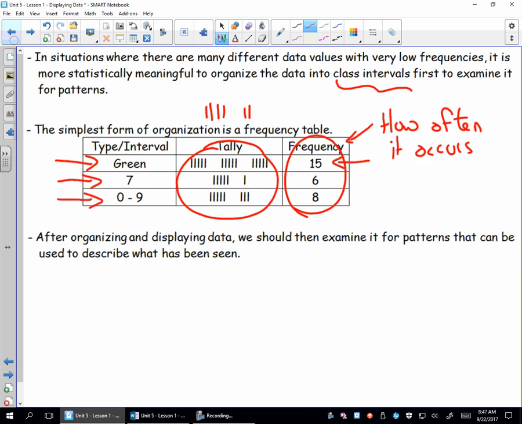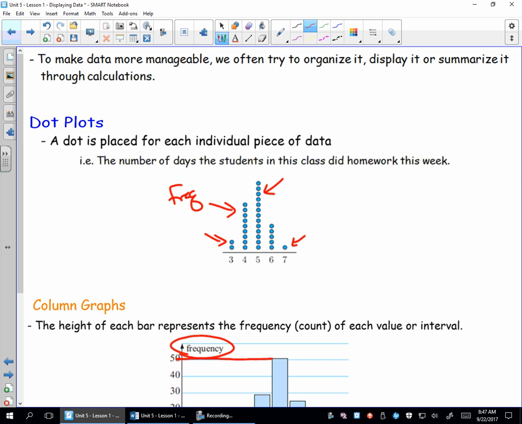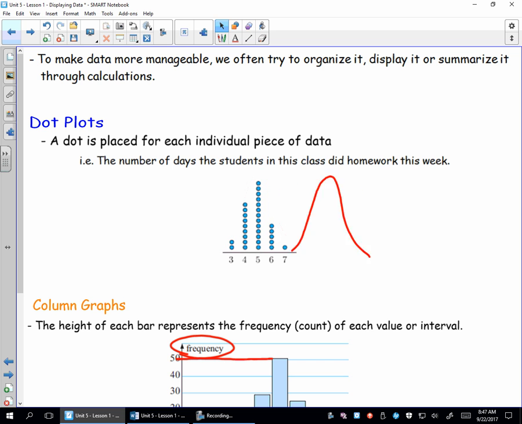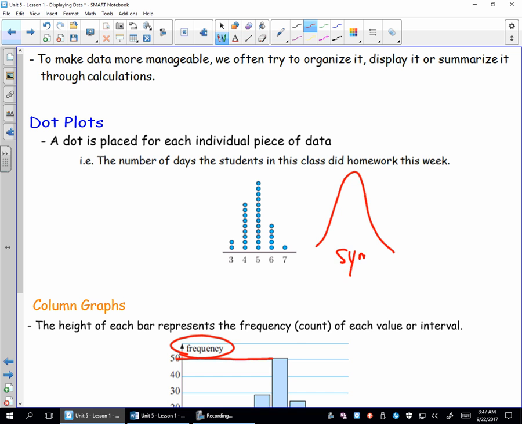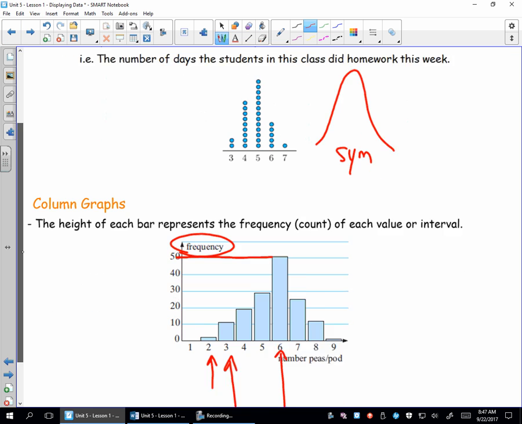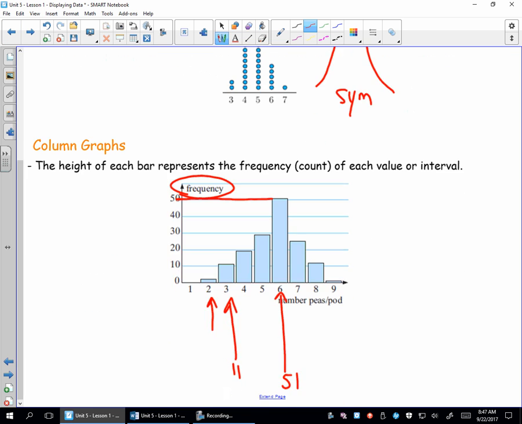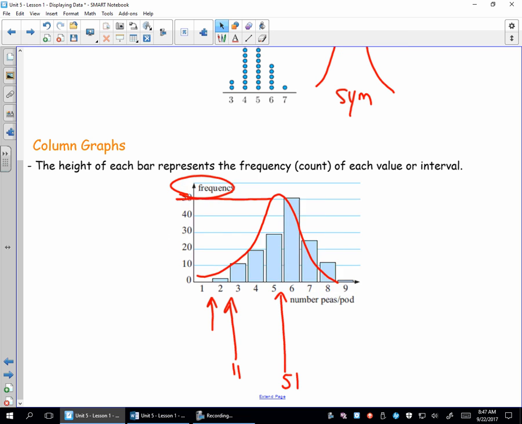If we go back to our graphs for a second back here, think of these as having an imaginary, or in my case I can draw it, curve over top of them. The curve goes like this. Well, that shape, it's not perfect, but it looks pretty symmetrical. If I look at the next one, the column graph, if I were to graph this one, it's not symmetrical, though.